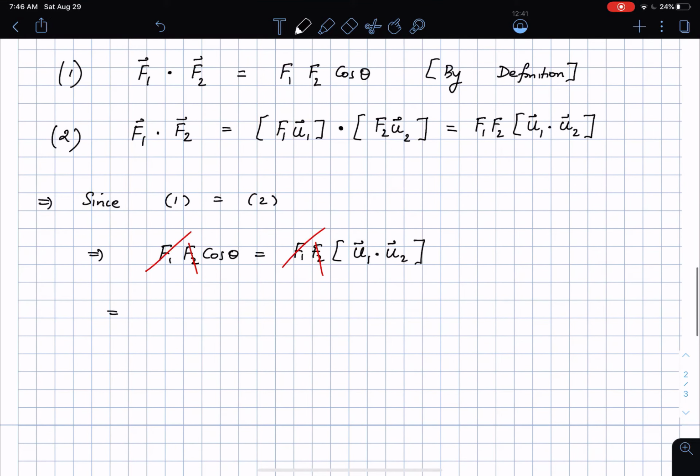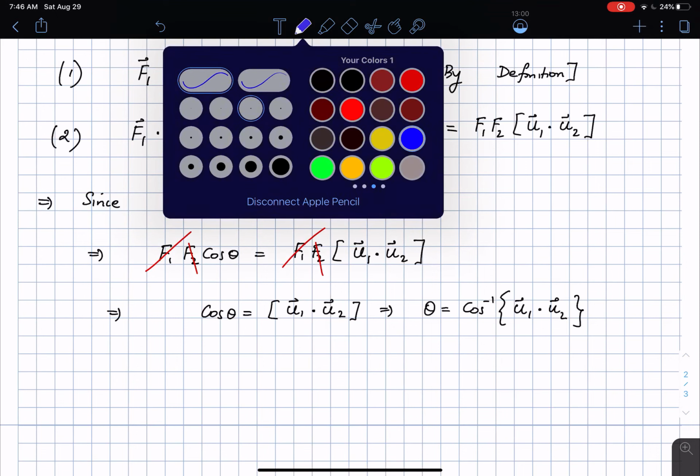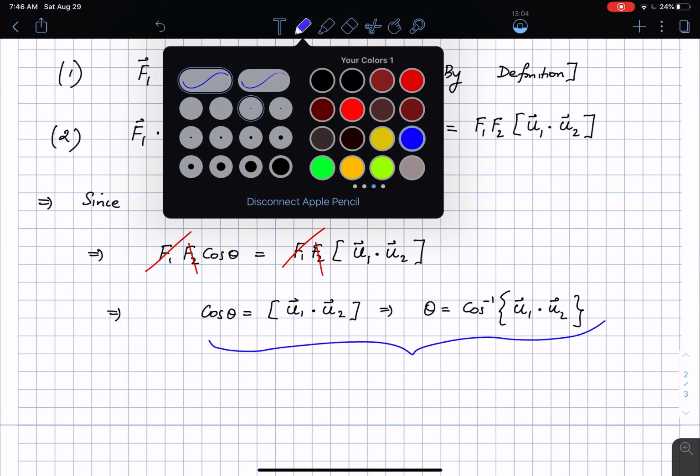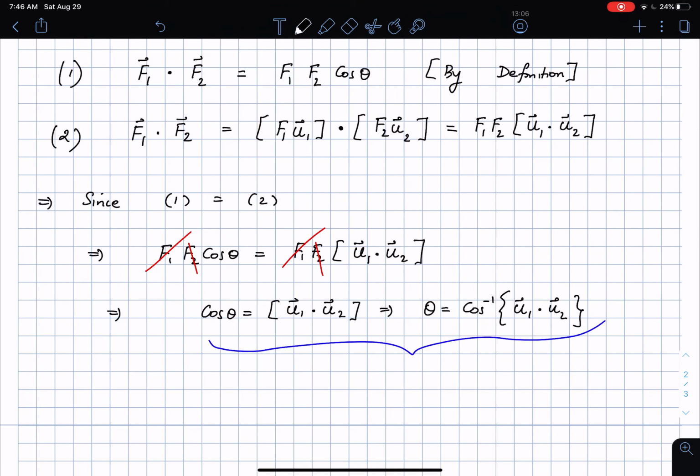This tells me that cos theta is equal to u1 dotted with u2, or theta is cos inverse of u1 dotted with u2. Okay, and this is a foundational idea, which tells me that given the direction of two vectors, I can find the angle between them.